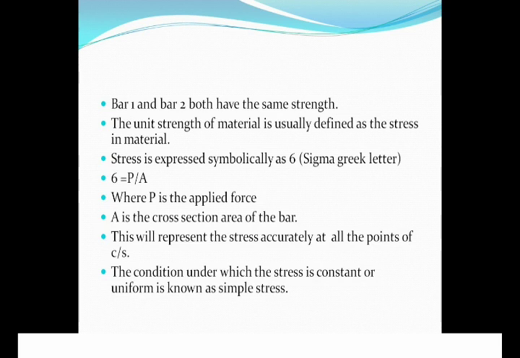The calculations will remain the same, only instead of sigma 1, sigma 2, we can say sigma 1T for the tensile, sigma 1C for the compressive, and sigma 2C for the compressive.